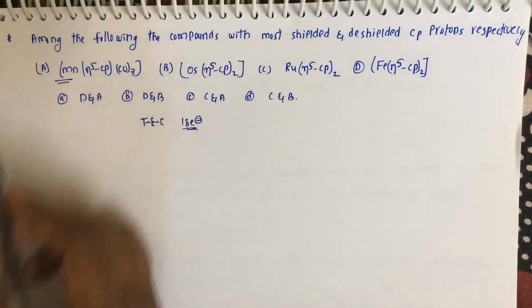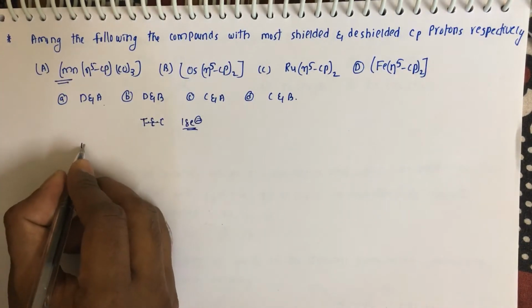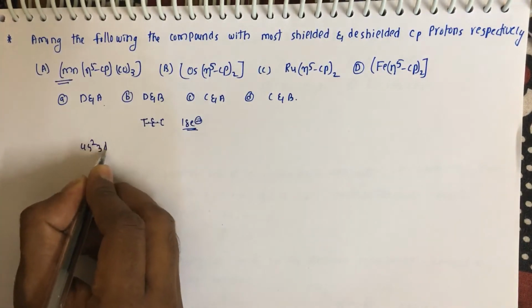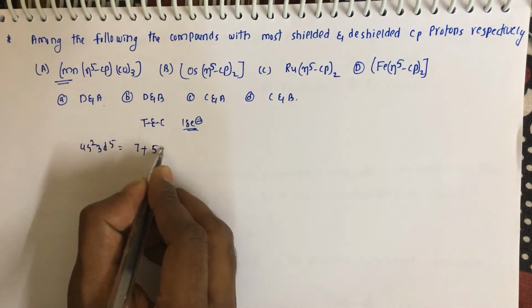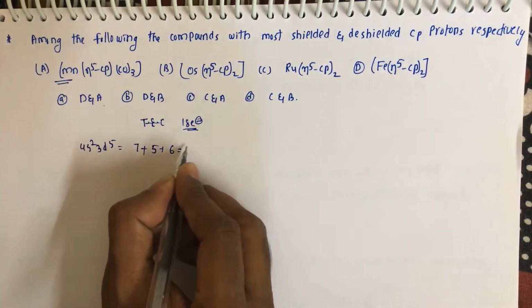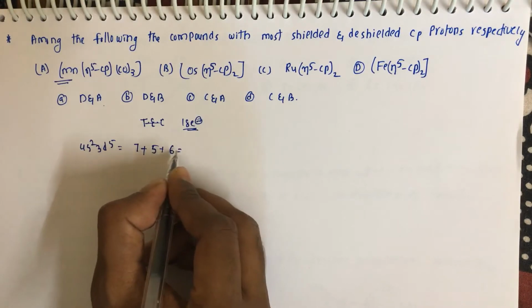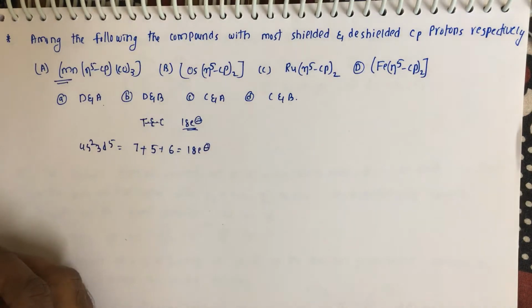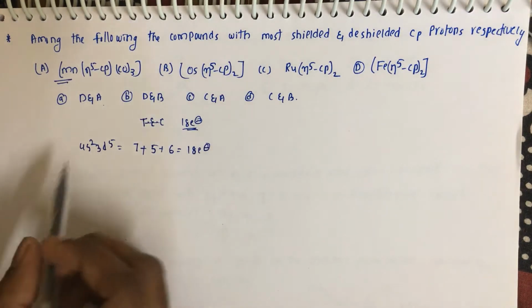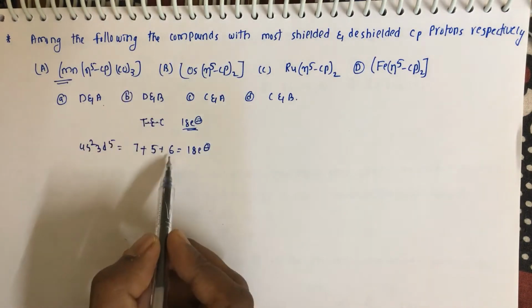If we take option A, manganese means 4s2 3d5, 7, plus this gives 5 electrons, and this is 6 electrons, total 18 electrons are coming.